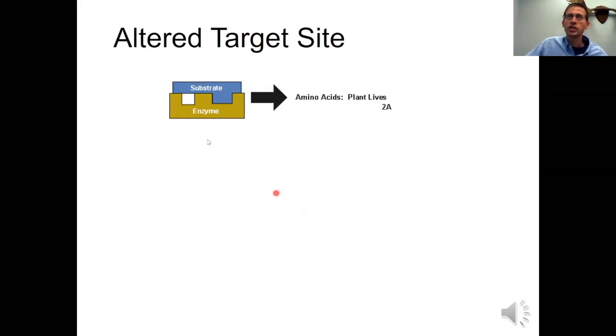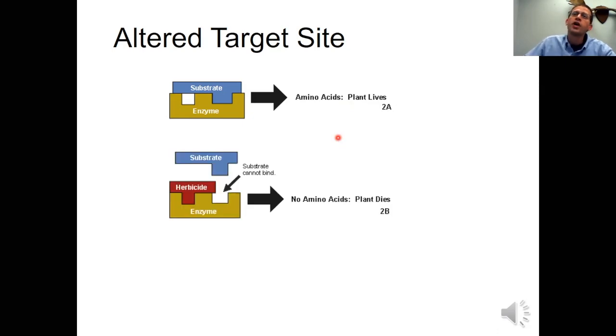So here what we have is commonly described as a lock and key molecule. The enzyme substrate is the key, while the enzyme is the lock. And normally that substrate will fit into that enzyme lock very well and produce the amino acids the plant needs to live.